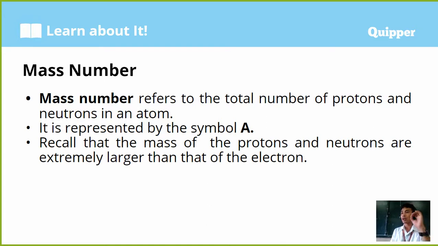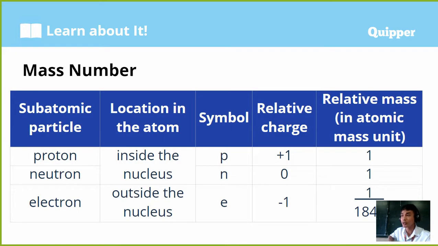Recall that the mass of protons and neutrons is extremely larger than that of an electron, to the point that the mass of an electron is almost negligible. I showed this to you in the previous discussion, the relative charges, symbols, and masses.